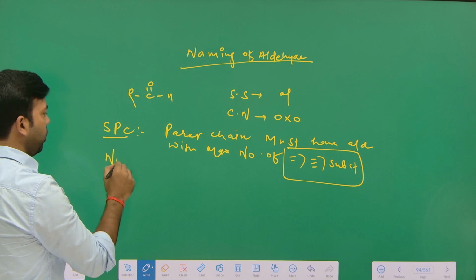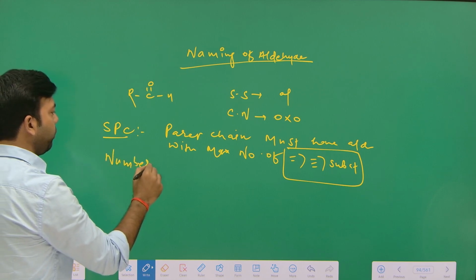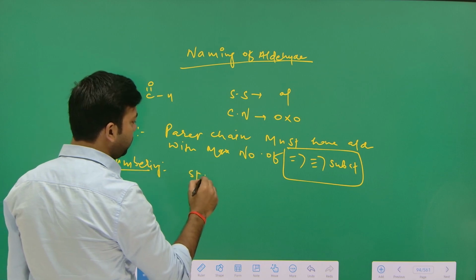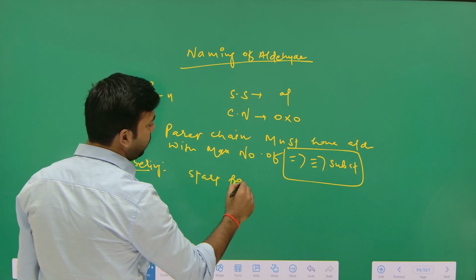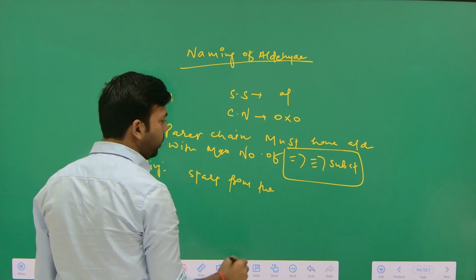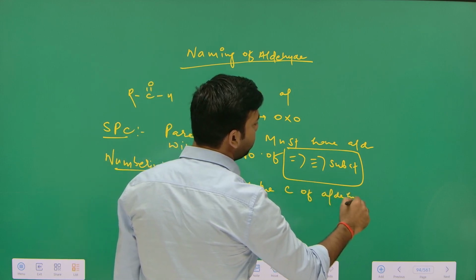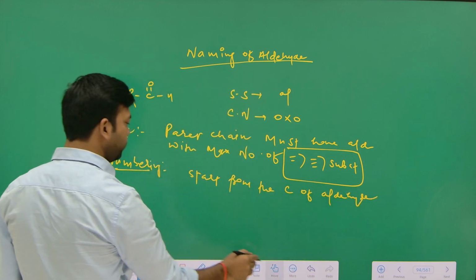Numbering rule, always start from the carbon of aldehyde. Numbering starts from the carbon of aldehyde. Look at the example.